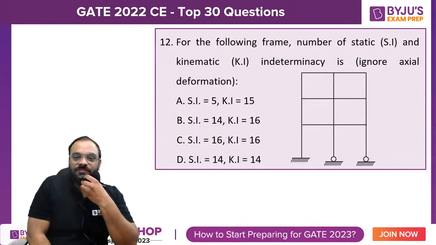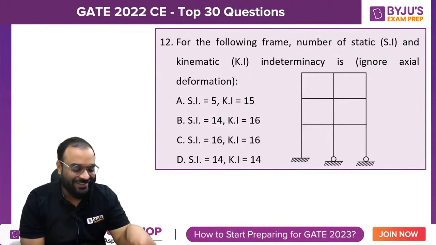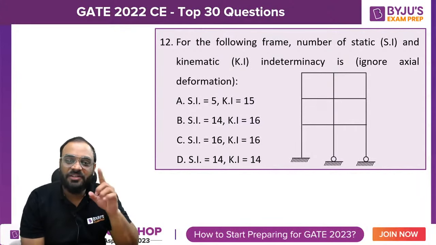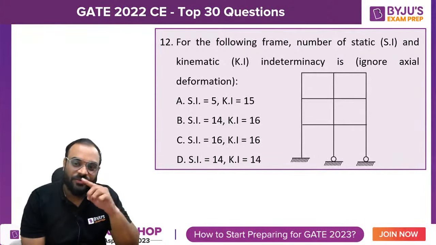Very simple question. DS and DK, need to find DS and DK. I'm not solving it, I'm trying to calculate it in my mind. Okay, let me do it.